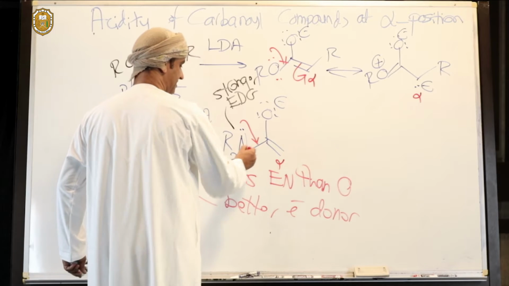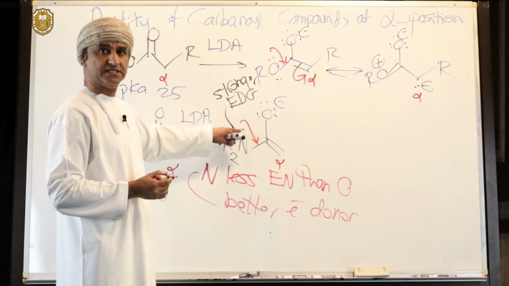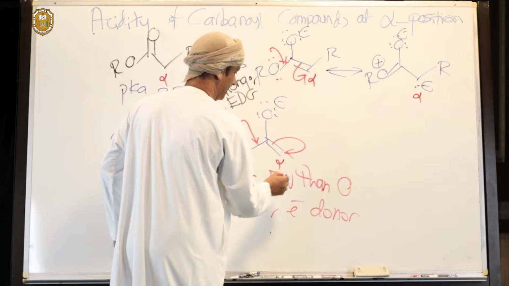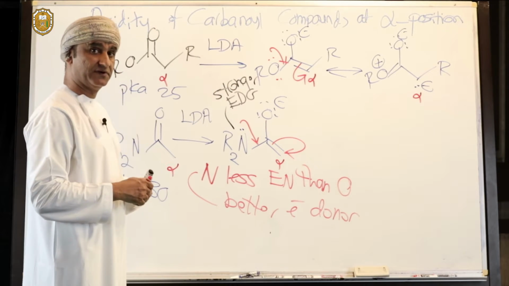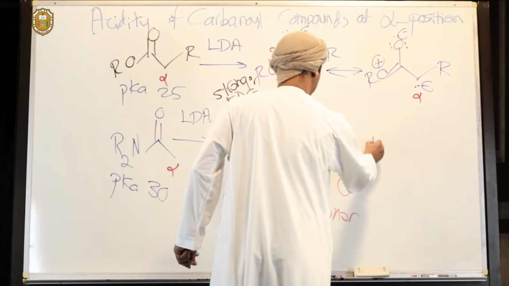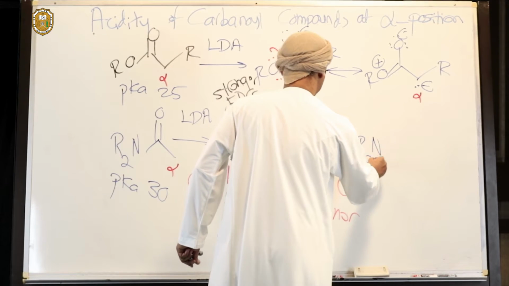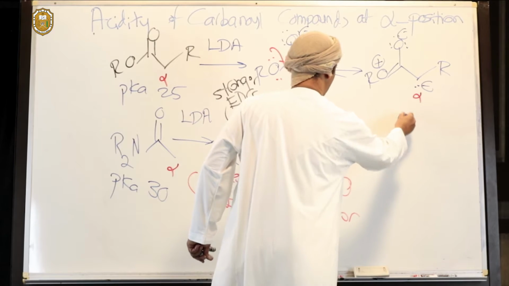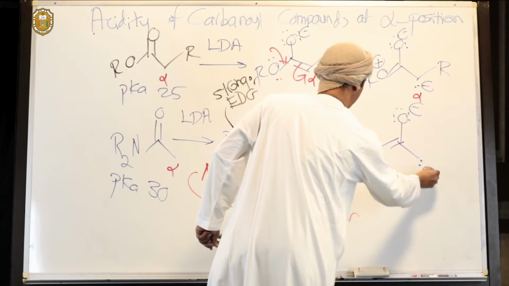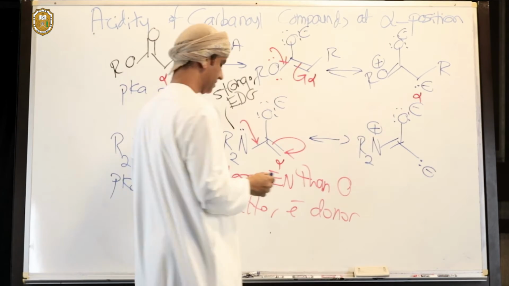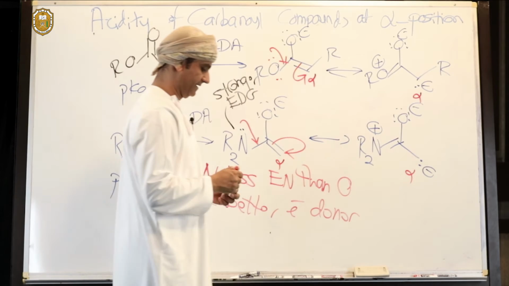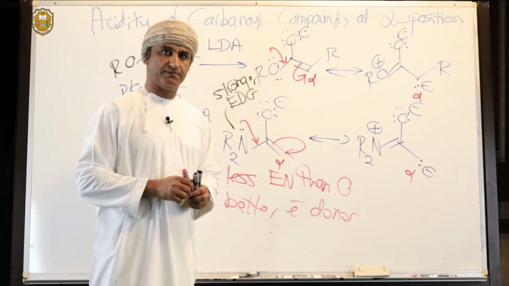So we can do something similar. The lone pair is taken from nitrogen to make a double bond between nitrogen and the carbon, and the carbon-carbon double bond is broken to leave a carbanion on the alpha position. So this gives us this additional resonance form, and of course a positive charge on nitrogen, and this is the alpha carbanion.